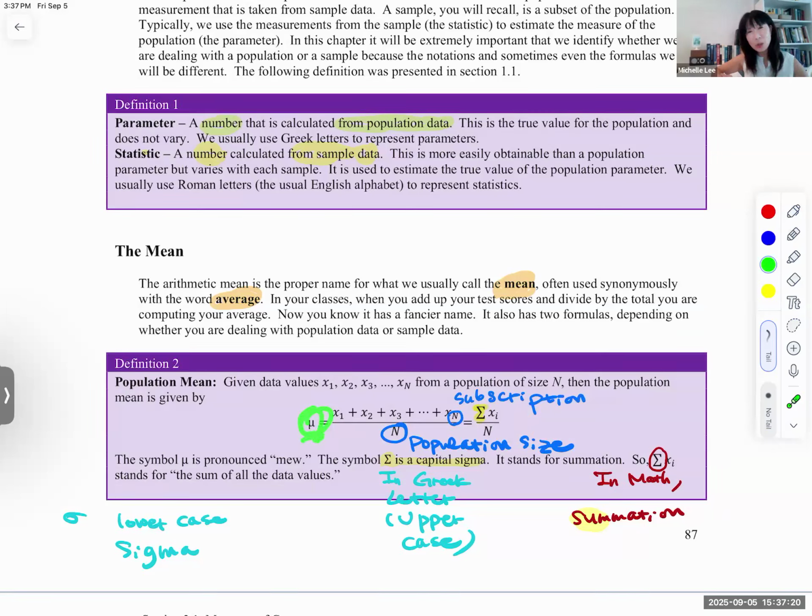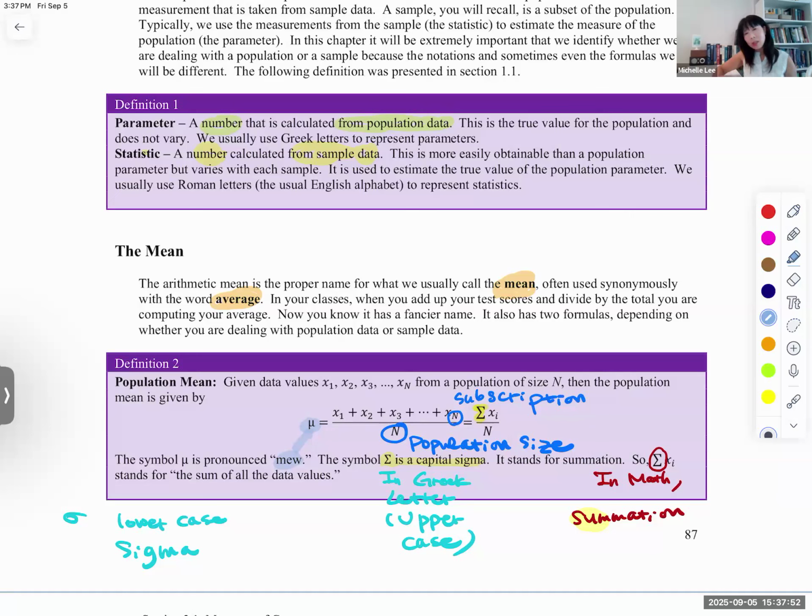And then we have another symbol here, also a Greek letter. We call it mu. Mu, like a cow sound. Mu, mu. So we understand everything.